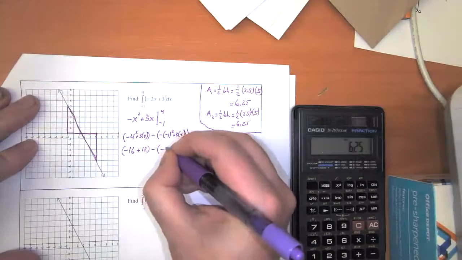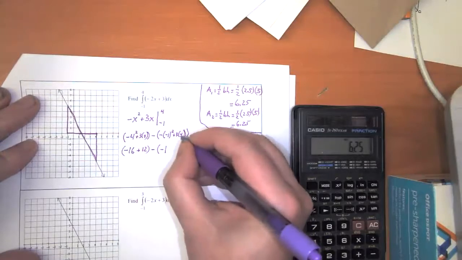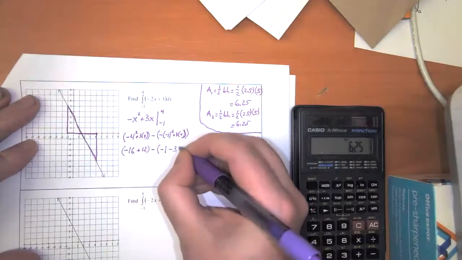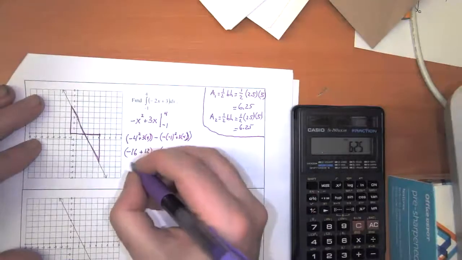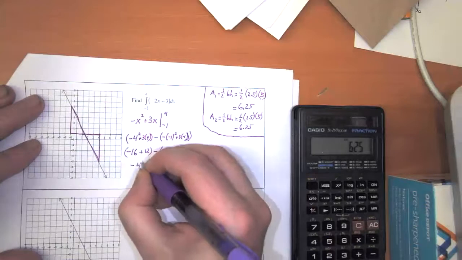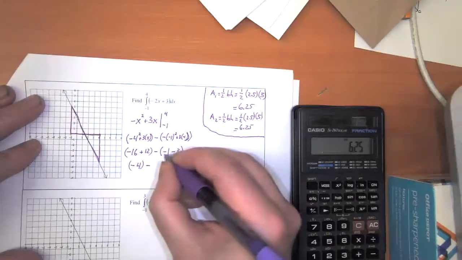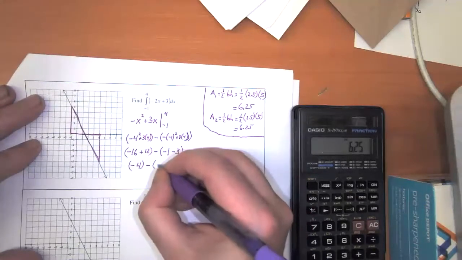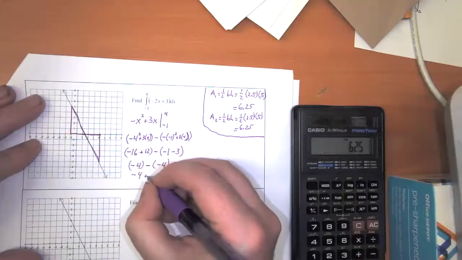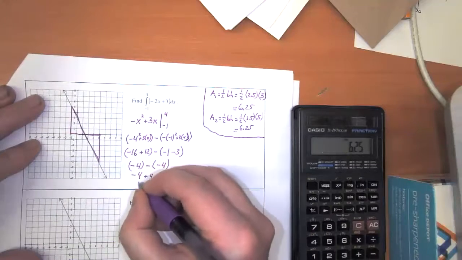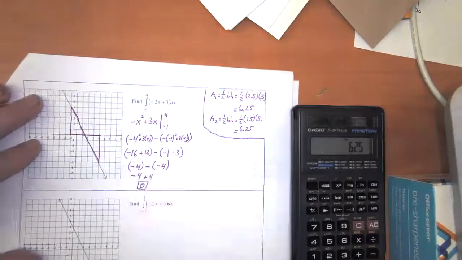Minus -1, and then +3 minus 1 gives us a product of -3. -16 plus 12 is -4, minus -1 minus 3 is also -4. So we have -4 plus 4, which gives us an integral of 0.